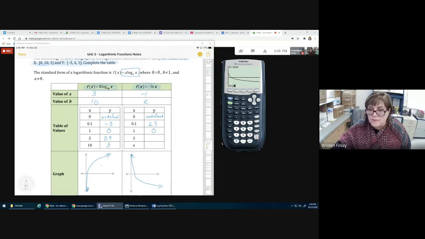When I put in 2 for x, it's negative 0.69, or 0.7 will do as well. And if I put in e for x, I have to look at my calculator because I can't see it on the screen to find exactly where it is.